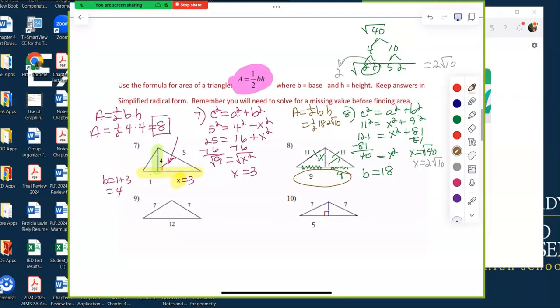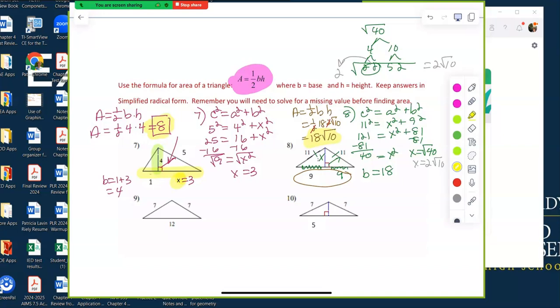So this 2 down here and this 2 can cancel, and your end result is that your area equals 18 radical 10, and we are done. That is our answer, just like this was our answer for area.